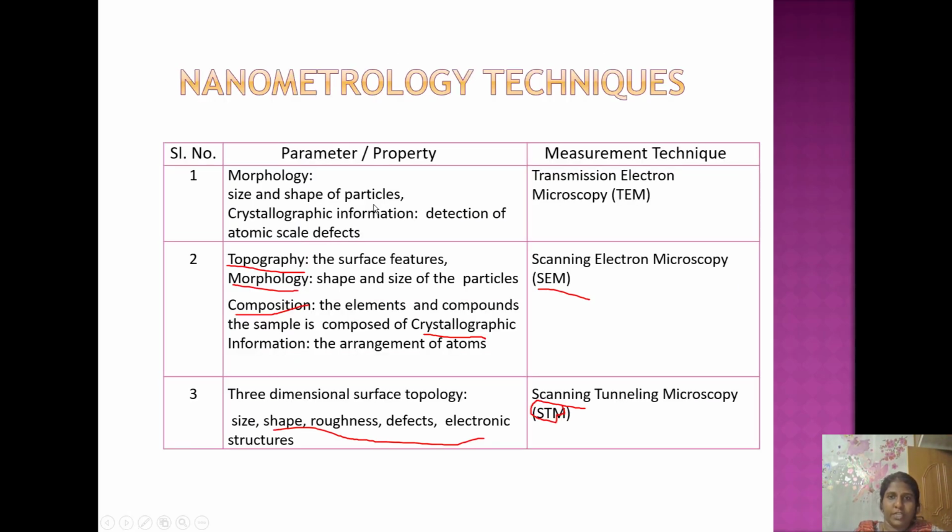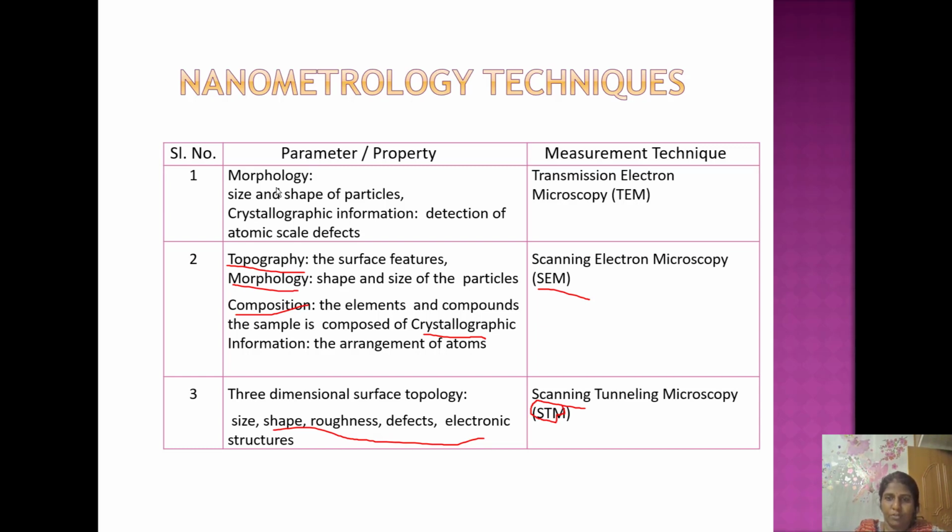Then nanometrology techniques. What parameters and properties can we study by using nanometrology techniques? In TEM, we can get the morphology, that is the size and shape of particles, and crystallographic information, that is the detection of atomic-scale defects.